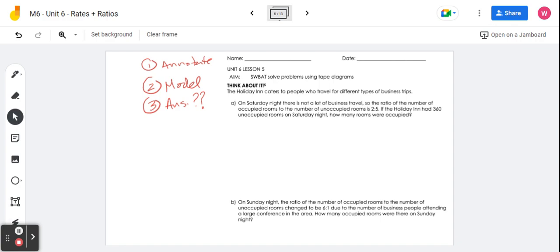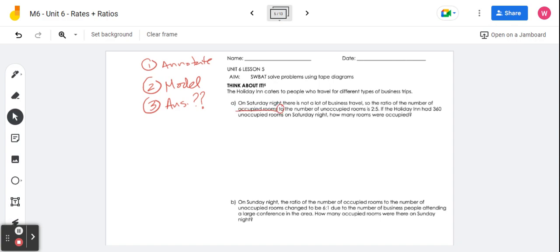Let's see. Question number one. So you've got your notebook open and you're writing this down in your notebook. It says that the Holiday Inn caters to people who travel for different types of business trips. On a Saturday night, there's not a lot of business. So the ratio of the number of occupied rooms, we're going to annotate that, to the number of unoccupied rooms, so we see this is what we're comparing.